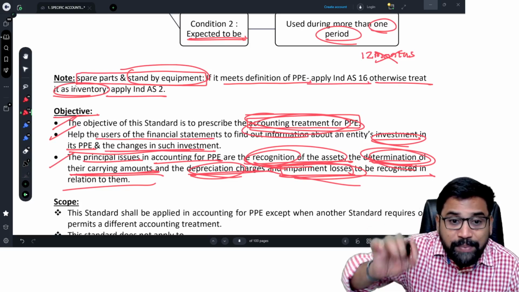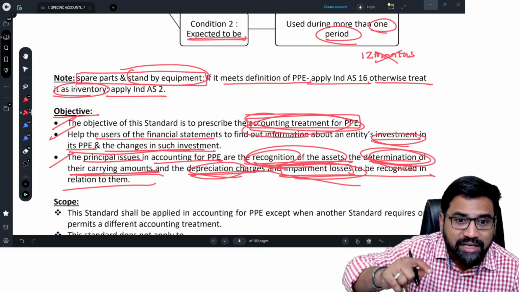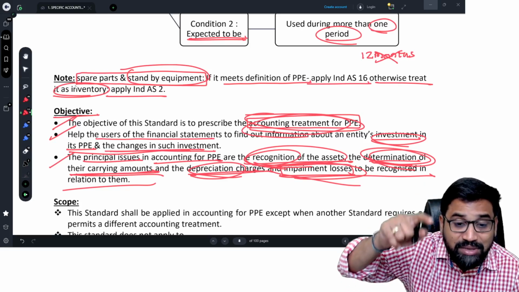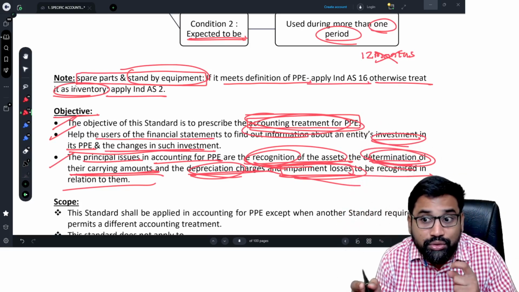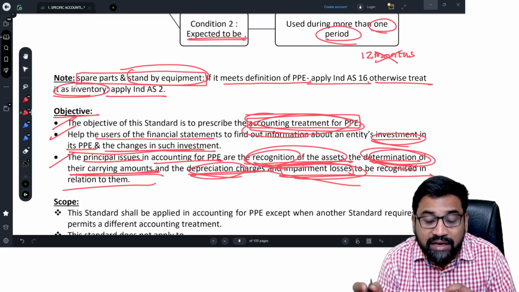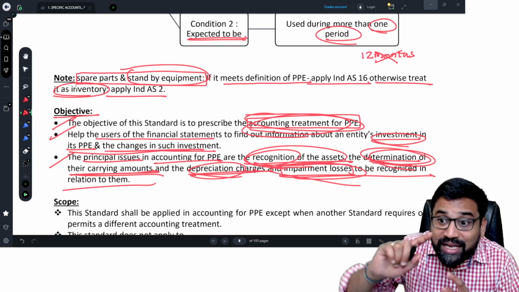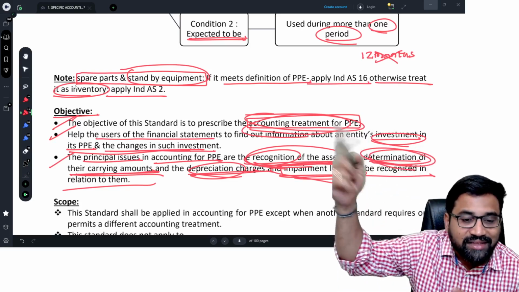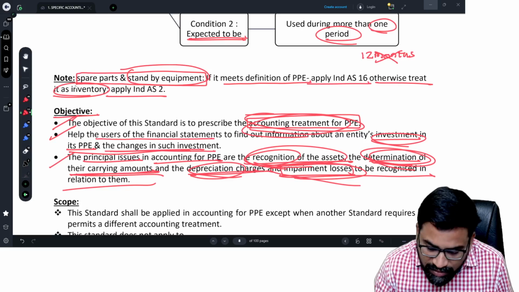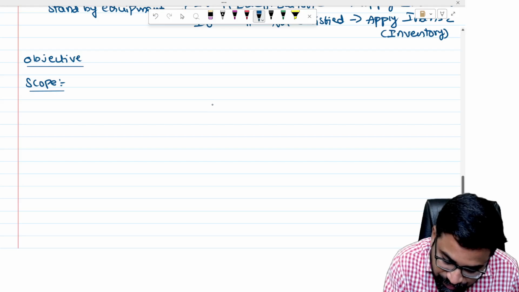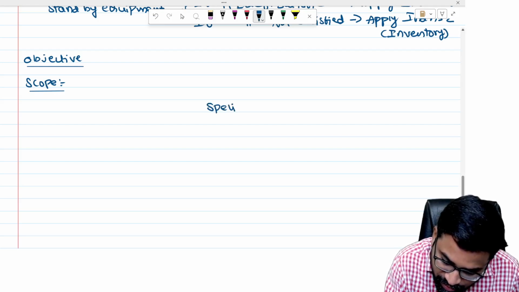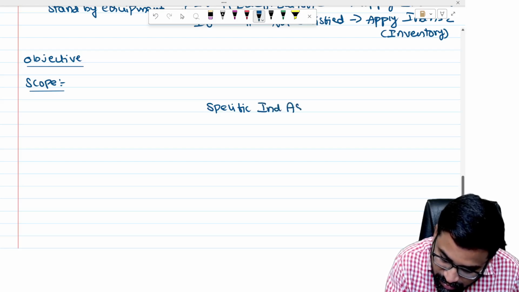When I use the word PPE, my intention is a tangible fixed asset which satisfies the definition, those two conditions. If the accounting treatment of any PPE is covered in some other accounting standard, then this standard is silent. So always remember, in standards, we may have a specific IND AS and we may have a general IND AS.